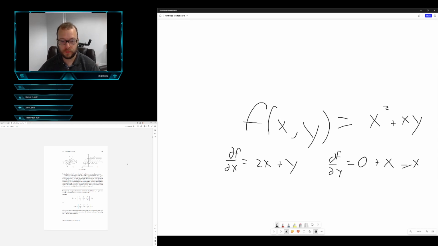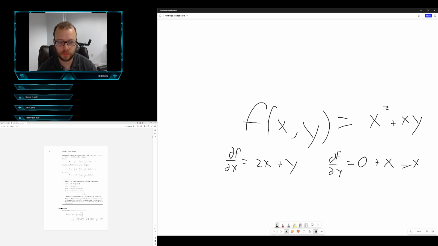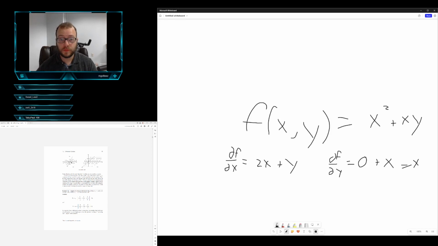Now, the curl of a vector, like its name implies, tells you how much a vector swirls around a particular point. So the two figures here, A and B, show you how these vectors are moving around the z-axis.